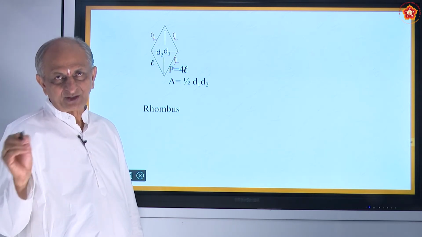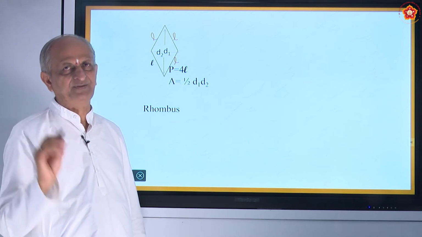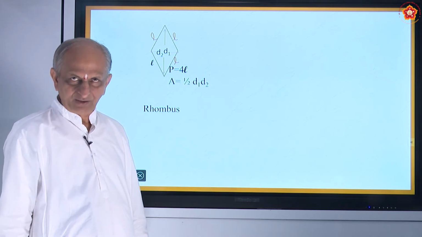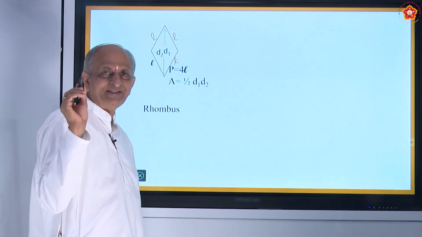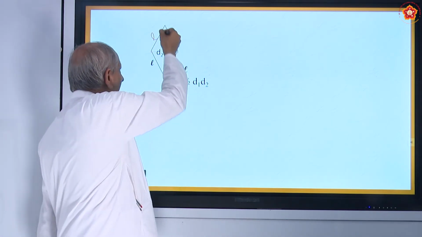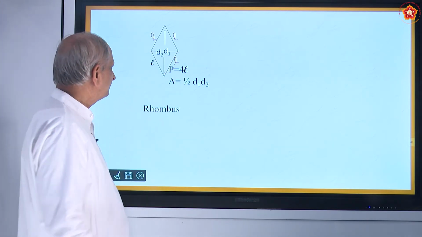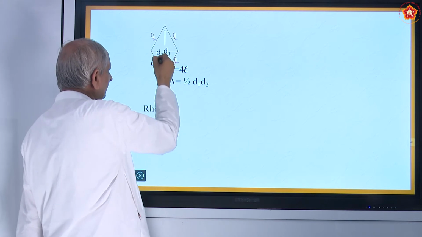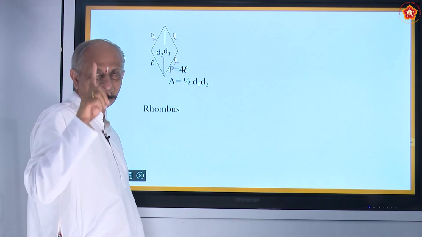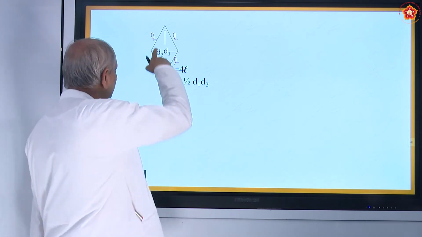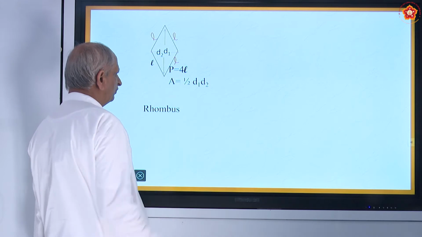All squares are rhombuses, but all rhombuses are not squares, because in a square each angle is 90 degrees. Here opposite angles are equal but not 90 degrees. Like a square their diagonals bisect at right angles, that is there, but in a square diagonals will be equal. Here diagonals are not equal, we call them D1 and D2.